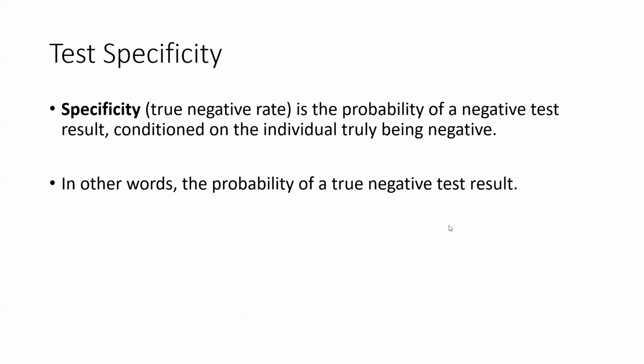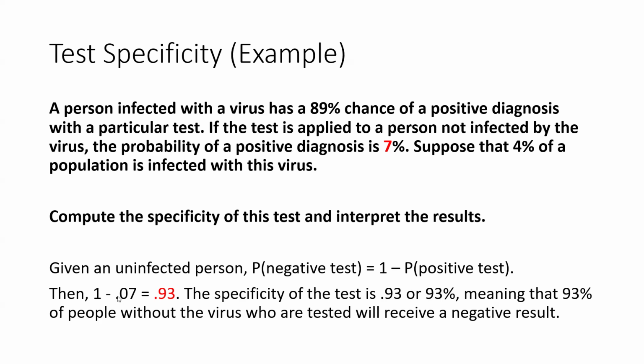And remember, test specificity is the probability of a true negative test result. So given an uninfected person, the probability of a negative test equals 1 minus the probability of a positive test. So if that were the case, then it would be 1 minus 0.07 because 7% is the false positive rate.